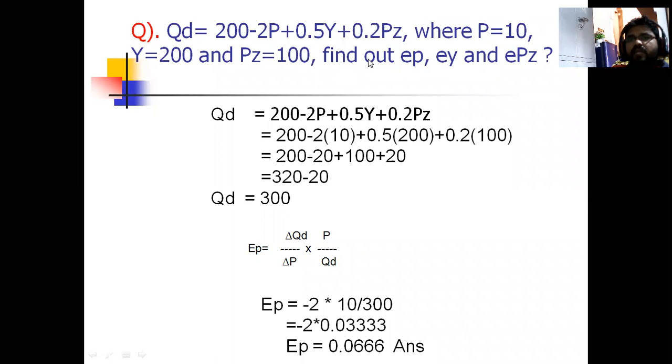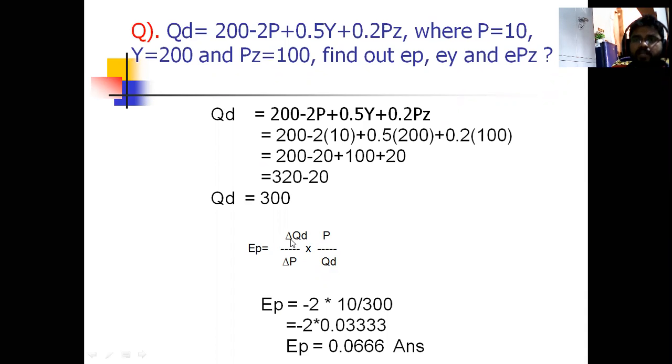So what we have to do, for example, here we need to find out elasticity of price. So here the formula: elasticity of price is equal to change in quantity demand by change in price into P by QD. Earlier I told you that elasticity is equal to change in Y by change in X into X by Y. See here, QD is the dependent variable, the quantity demand, because the quantity demand depends on price, income, and other factors.